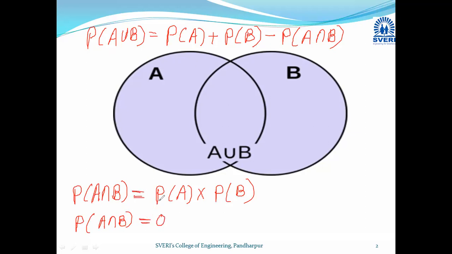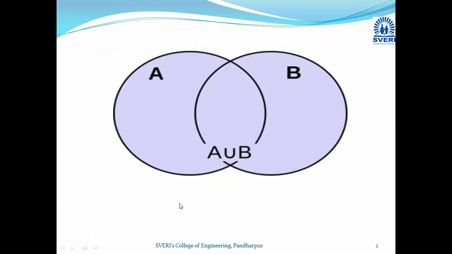In other words, for mutually exclusive events, probability of A union B is equal to probability of A plus probability of B. Okay, now we are going to see some examples.